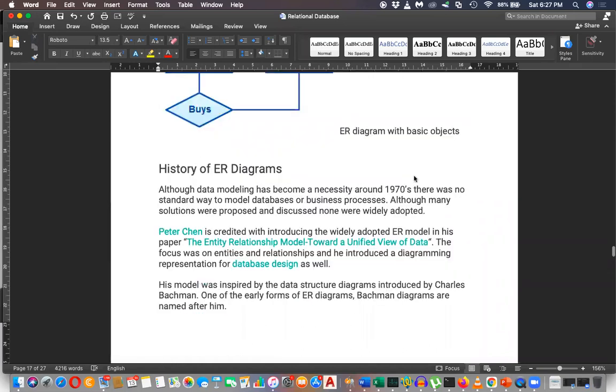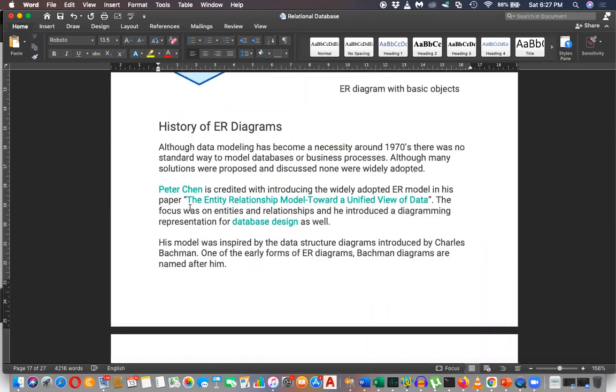Then the history of ER. I said that Peter Chen is the person who created this in the 1970s. The concept of data modeling or database designing started in the 1970s, but there were no proper solutions.